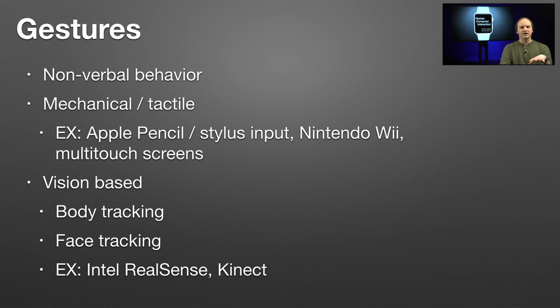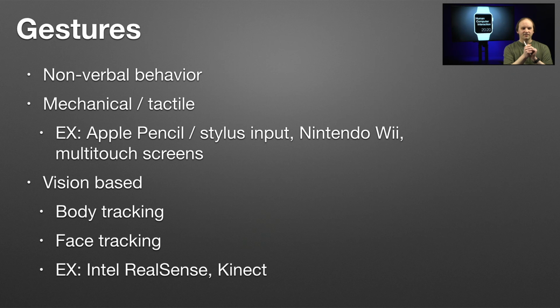We can categorize it into things that are mechanical or tactile, like a stylus that a user physically moves around, and these gesture mechanisms can also generate haptic feedback, right? But also things like the Nintendo Wii controller, even something as simple as a multi-touch screen, or a button that you're pressing. They're physical, tactile things that the user interacts with and comes in contact with.